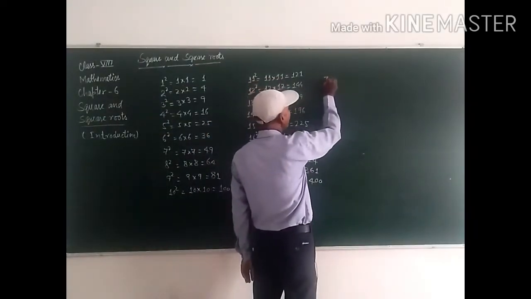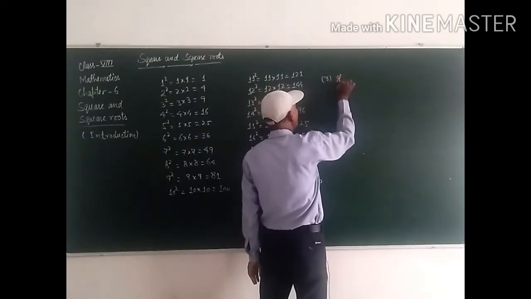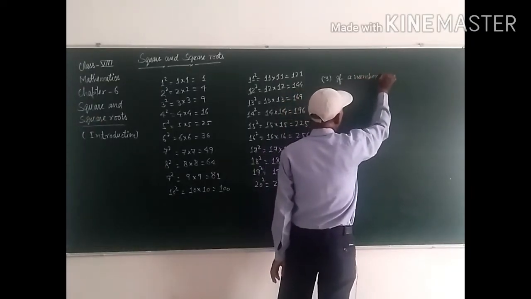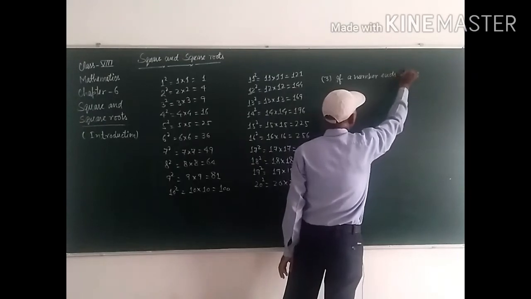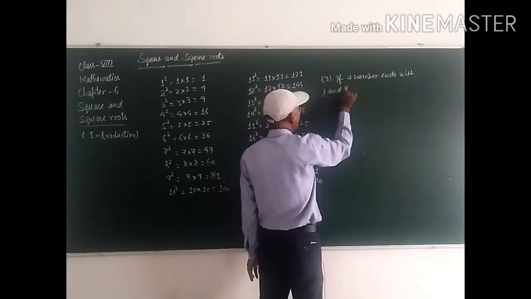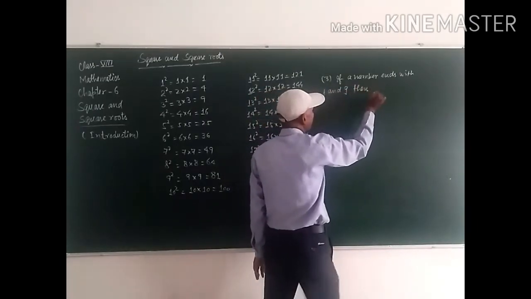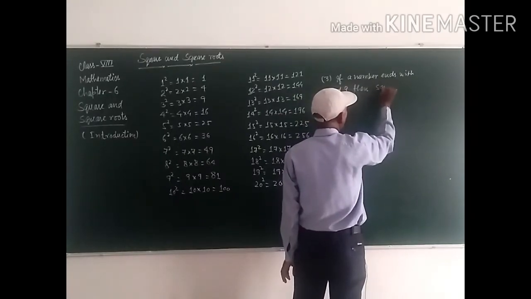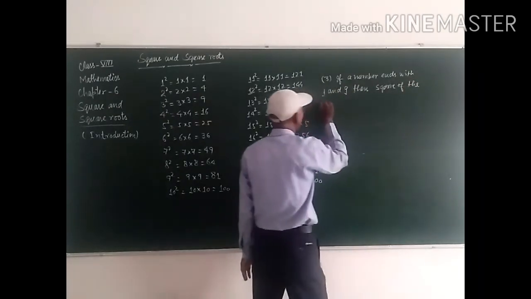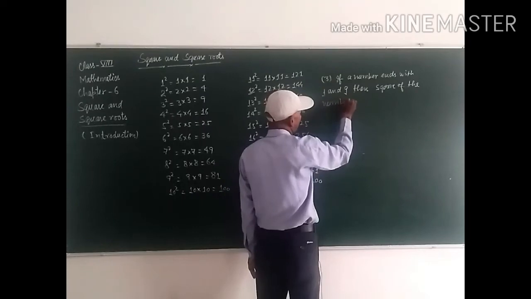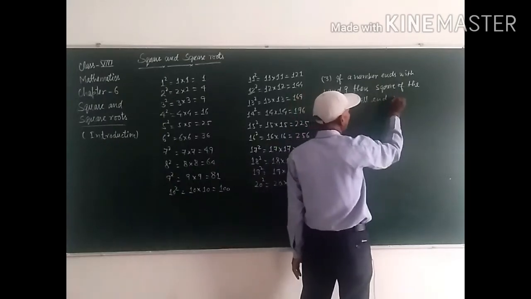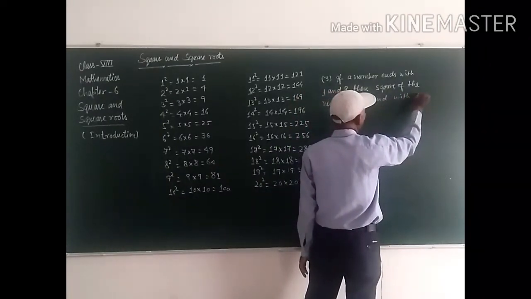And third property, if a number ends with 1 and 9, then the square of this number ends with 1.